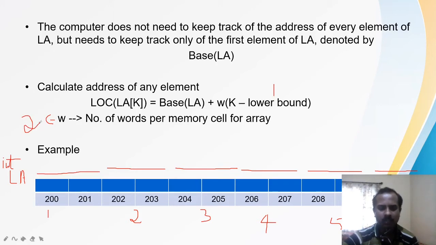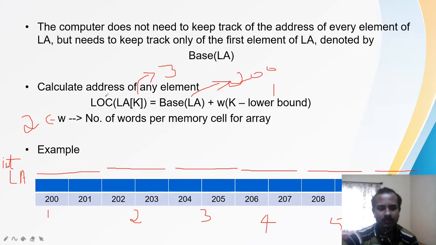Now let me consider I want to access the third element, that is the third index element. That means I want to access this position. Base address is known to the computer, only the base address is kept track of. So what is my base address? Base address is 200. Now let me do the calculation.